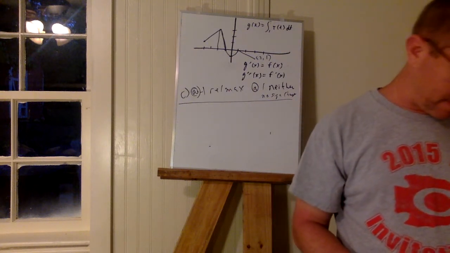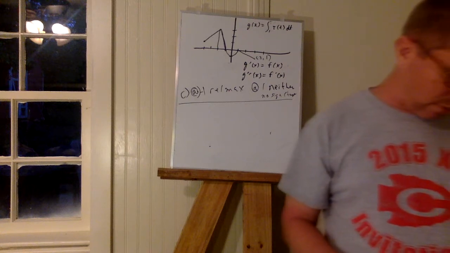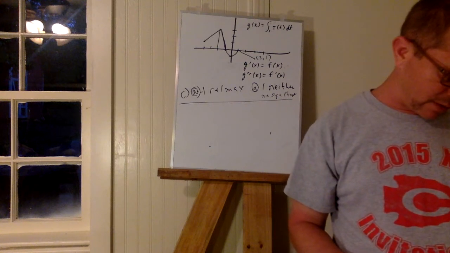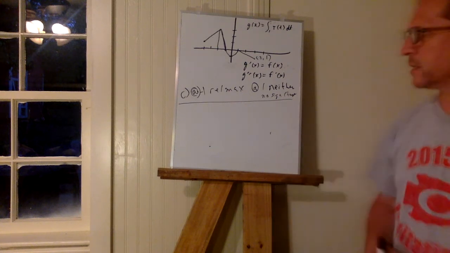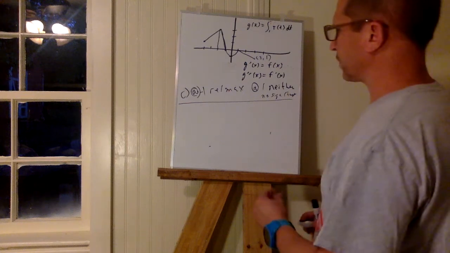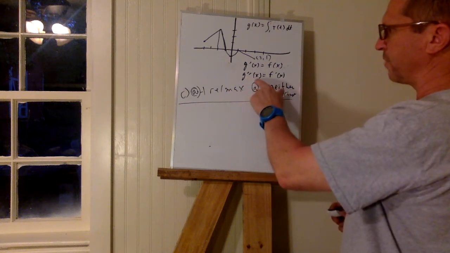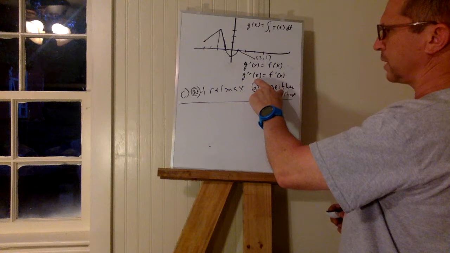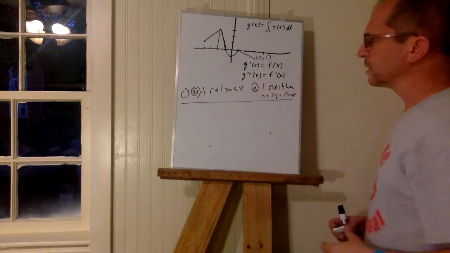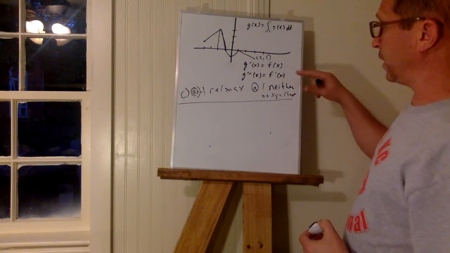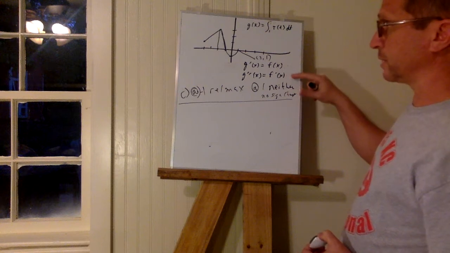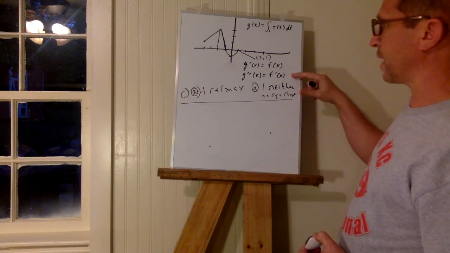All right, part D. For -4 to 3, find all values for which the graph of G has a point of inflection. Well, G prime of x equals f prime of x. So we need to know where f prime is either 0 or undefined.